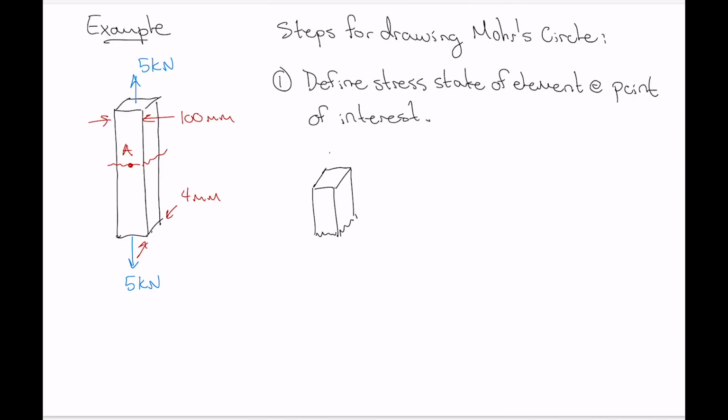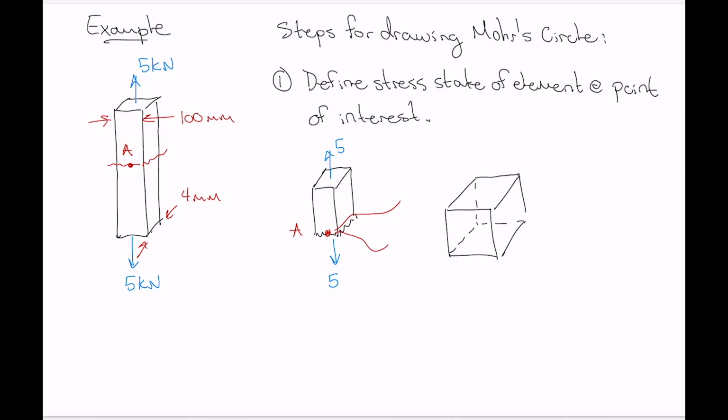Okay, where we've got our 5 kilonewtons and our 5 kilonewtons there, and we've got our point A right there, and then we'll draw the volumetric element that's located at point A. So again, this is the small volume of material that is located at point A. Here we go, put on the hidden lines.